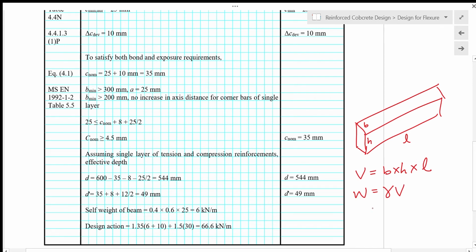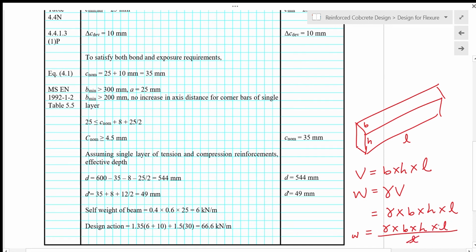So in this case it is the density times b times h times L. But in design we want the weight per meter length, small letter w. So we have gamma times b times h times L divided by L again.